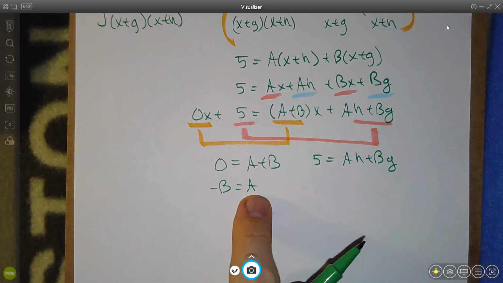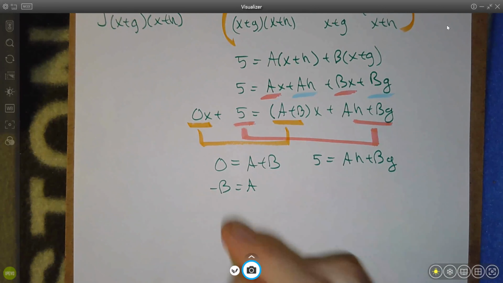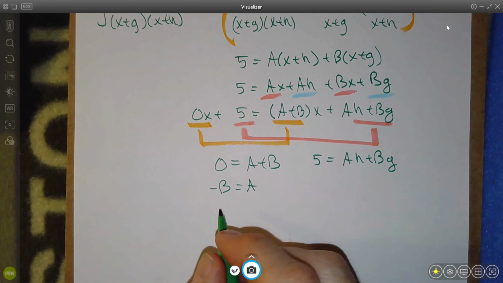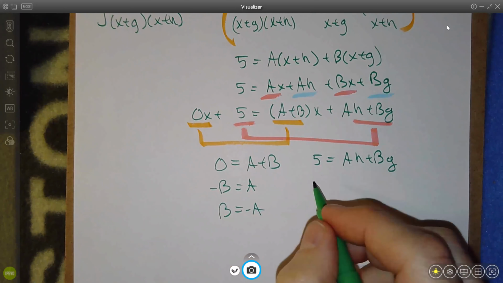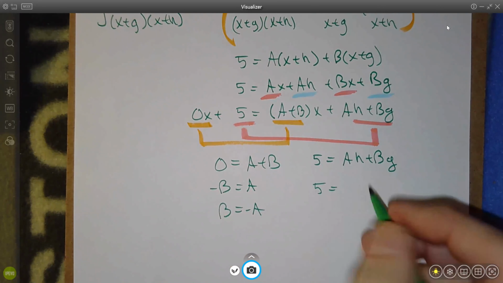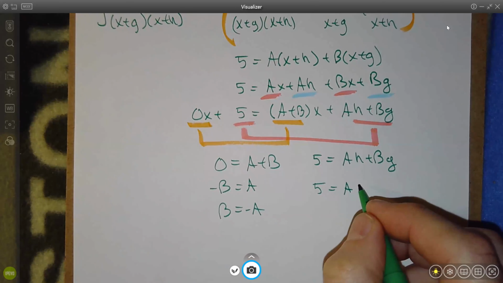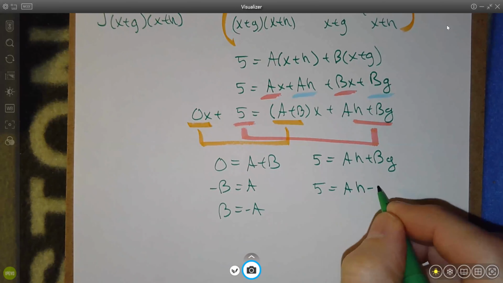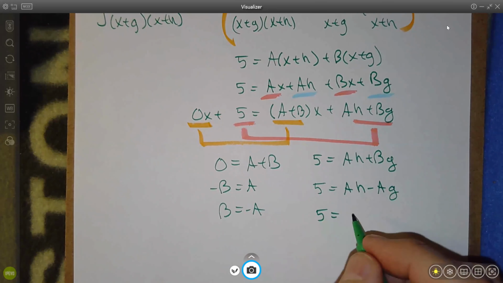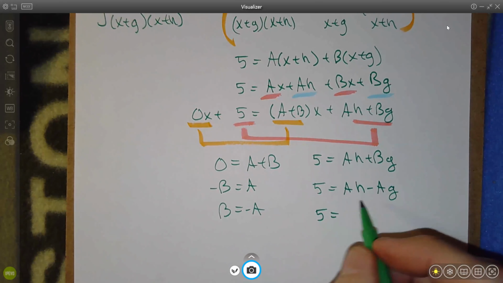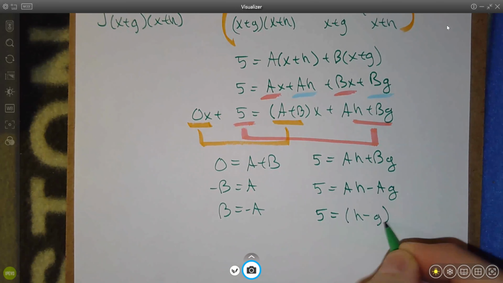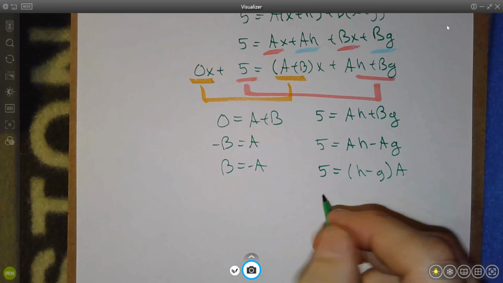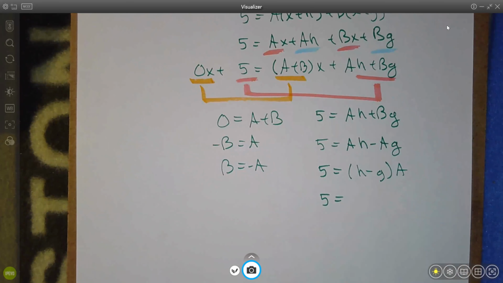But because a equals negative b, or the other way around, you could say b equals negative a, then I can replace this and get 5 equals ah minus a times g. Or in other words, let's factor out the a, h minus g times a. I actually get an expression for a.